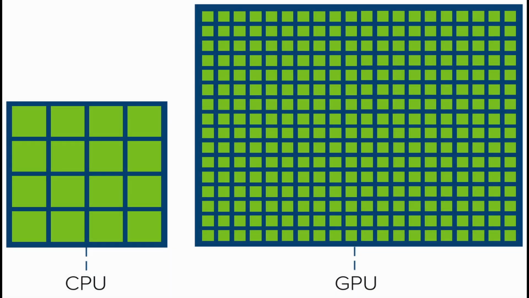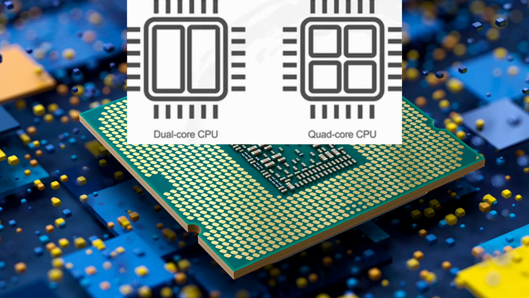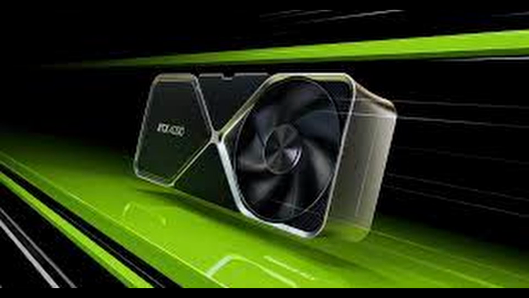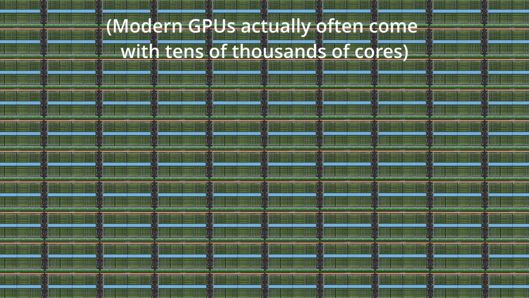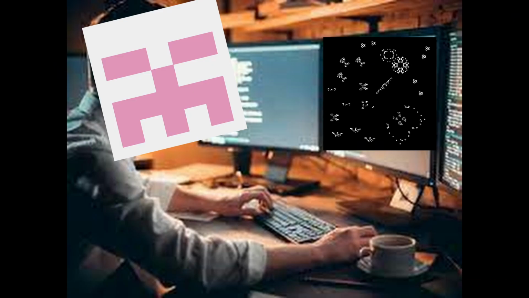GPUs are basically just more multi-threaded and more multi-core versions of CPUs. And you might be wondering by how much. Well, while your CPU might have 2 cores, or maybe even 8 or 16, GPUs can have hundreds or thousands of cores, which provides a pretty significant advantage in a ton of cases, including ours.